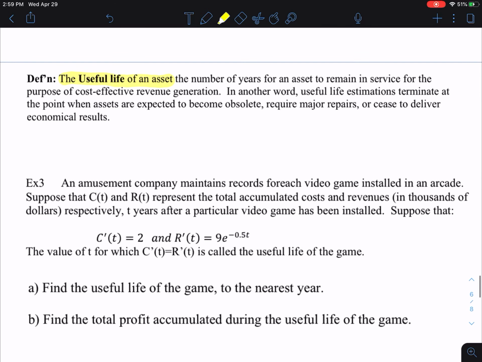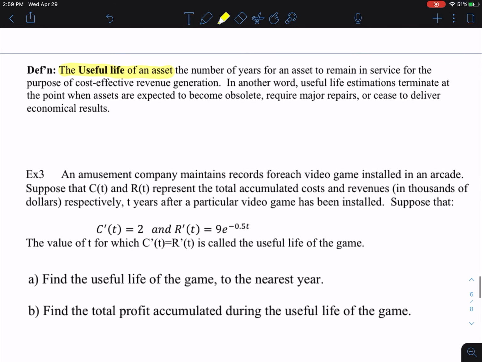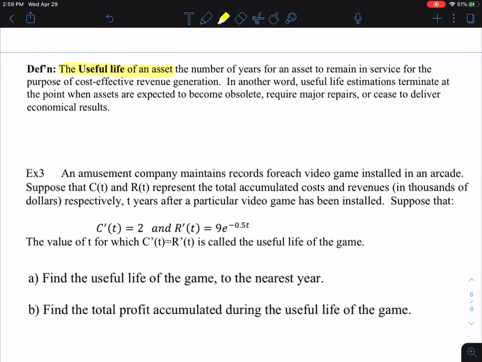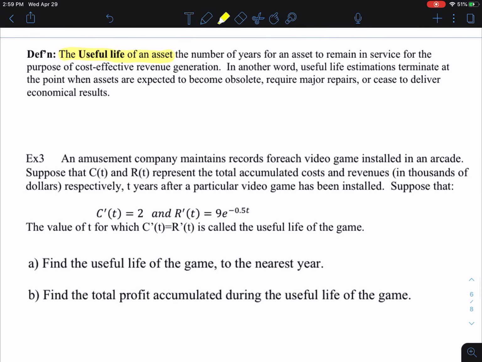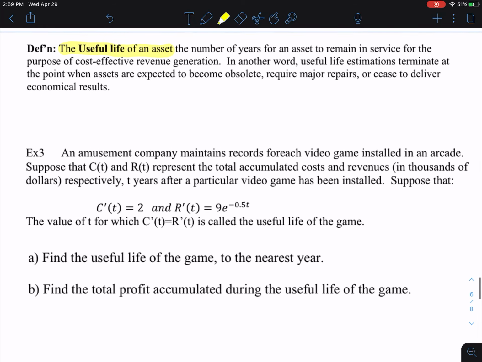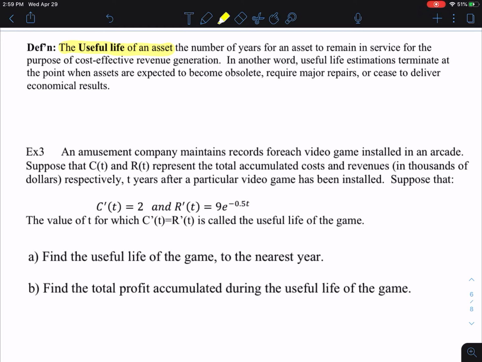In mathematics, we capture that concept by saying that if you have two functions, a cost function and a revenue function, the value of t at which the cost and the revenue are the same in terms of their rates of increase, that is, when the marginal cost is the same as the marginal revenue at that value t, we call that value t, or that year, the useful life of the game.